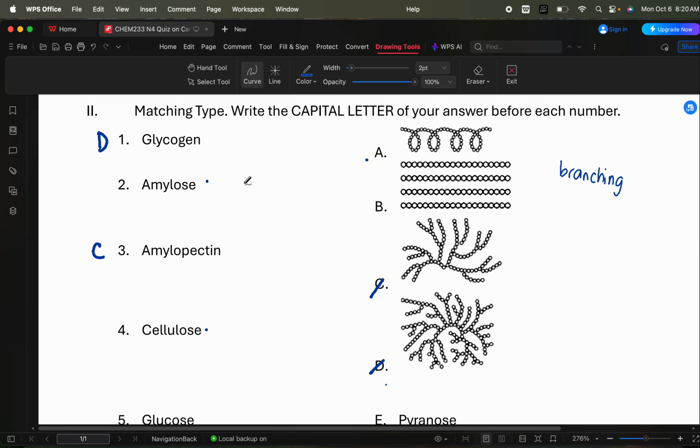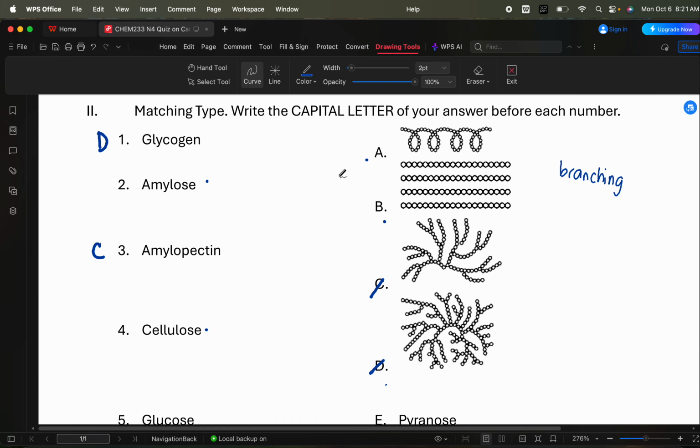So between amylose and cellulose and A and B, both are in plants also, and both are alpha 1,4 in terms of glycosidic bond.